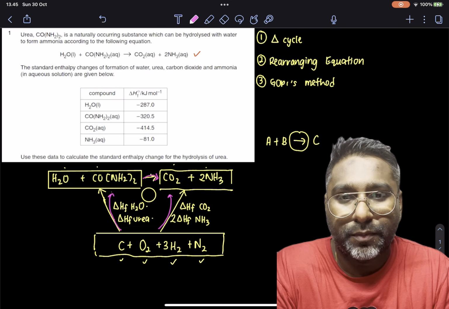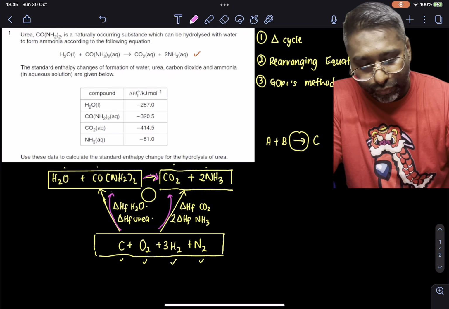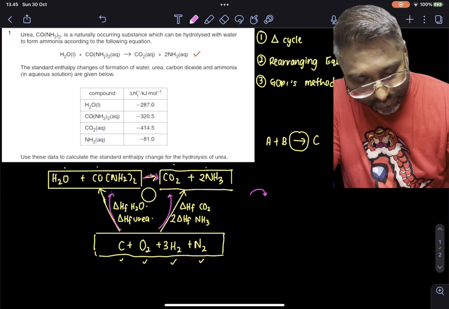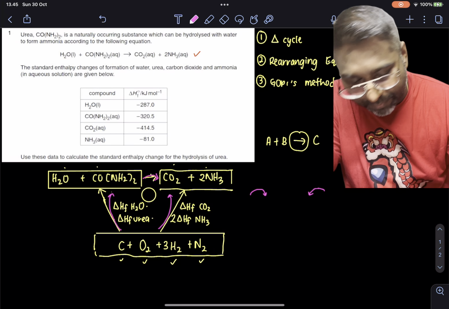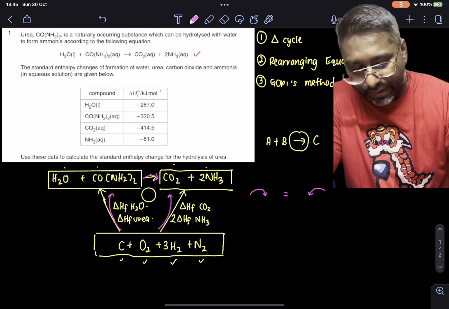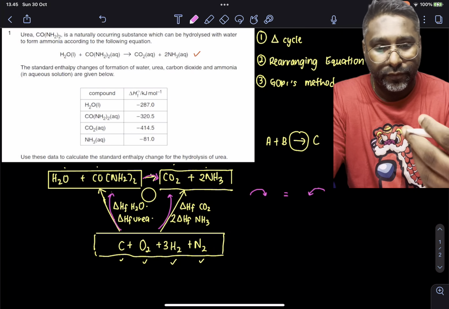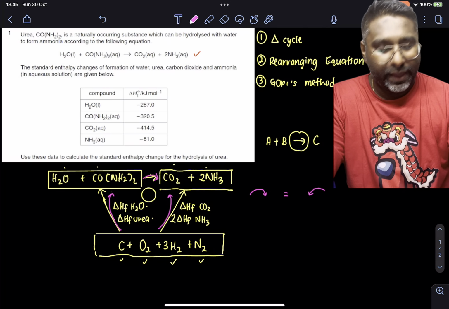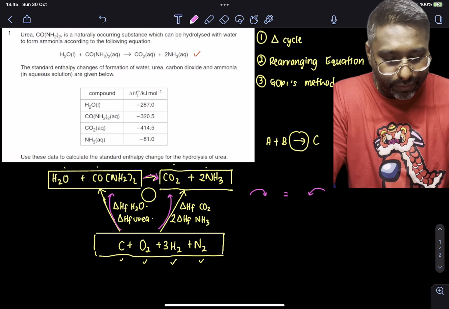What it will help me to know is which one is the clockwise direction and which one is the anti-clockwise direction, because according to Hess's law, the total energy change is independent of the route taken. So in this case, the clockwise must equal the anti-clockwise.